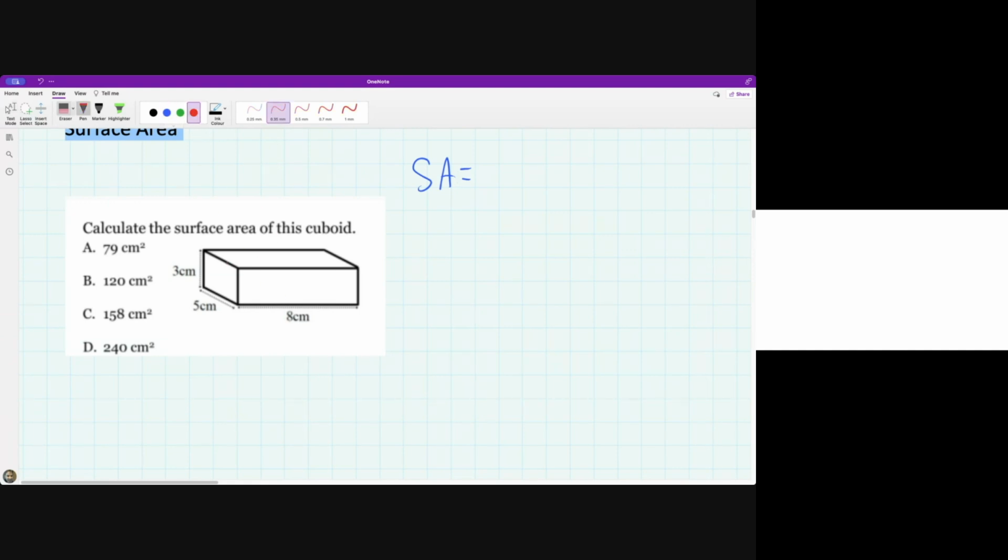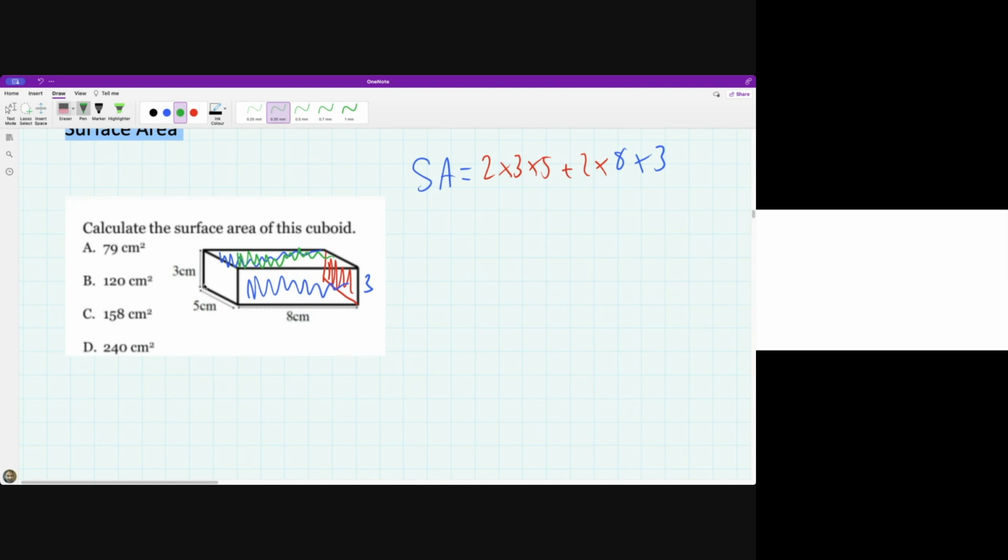So I guess we've got this one and its matching friend over here. So that would be 2 times 3 times 5 plus 2 times, well, this one, which is 8 by 3, and that would have its matching one over there. And then on top, we're going to have 8 by 5, but there's 2 of them because there's one on the bottom as well.